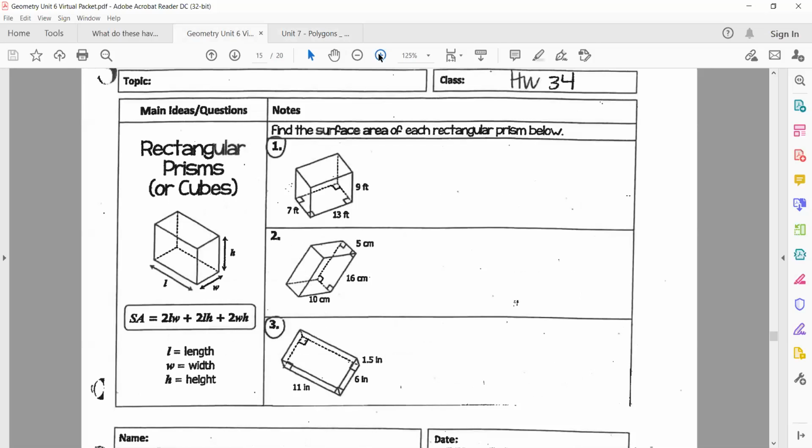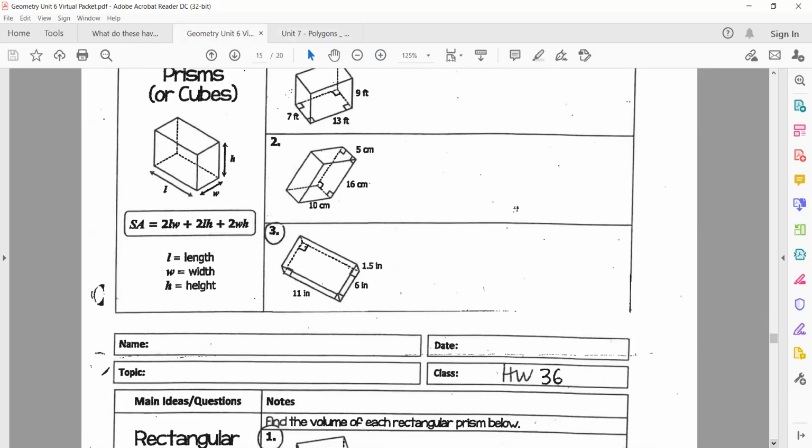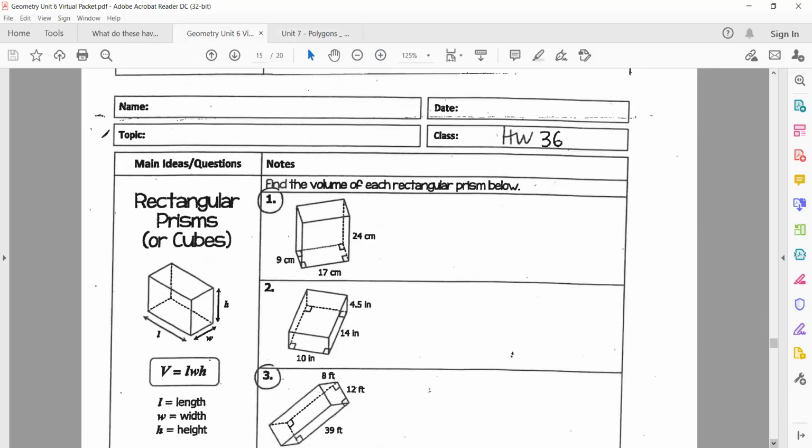So the next page in your packet gets into some surface area and volume formulas.